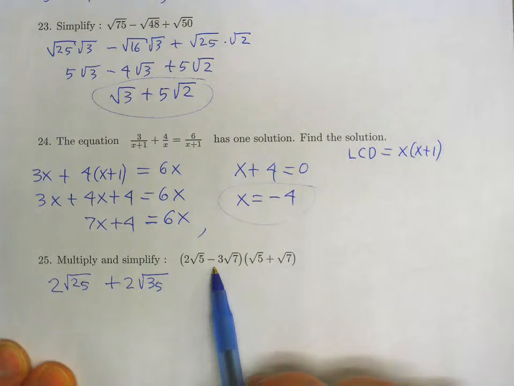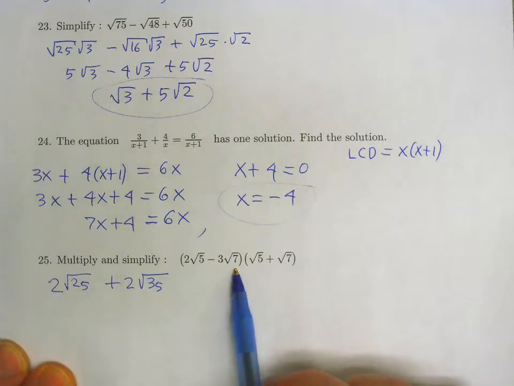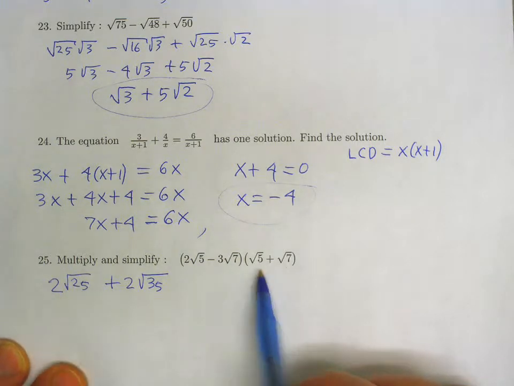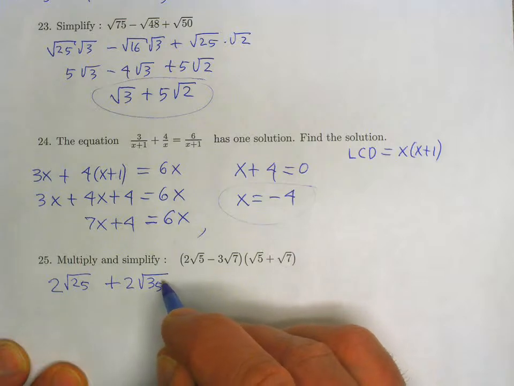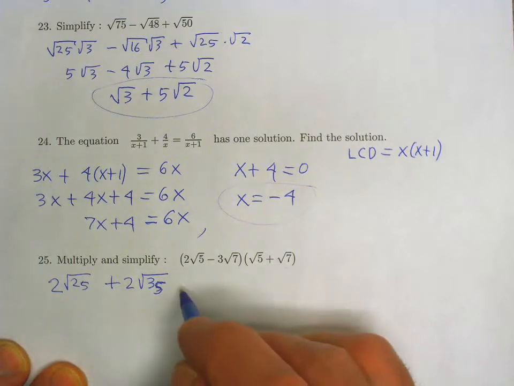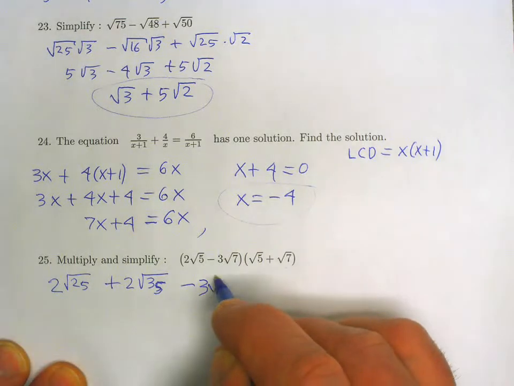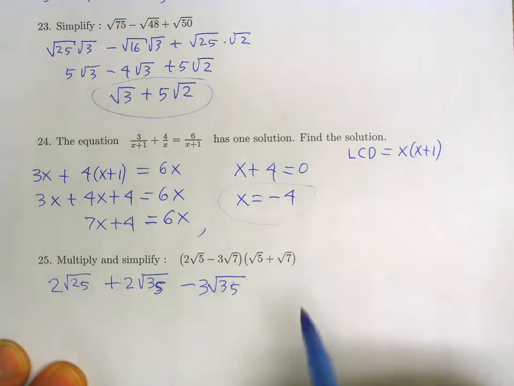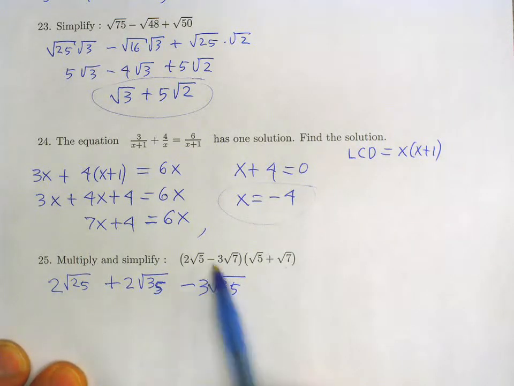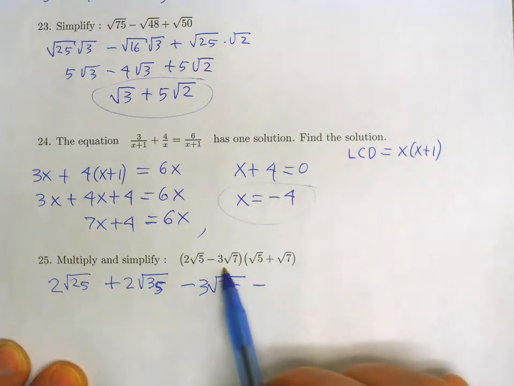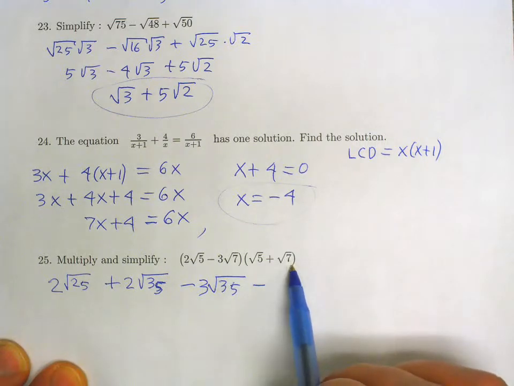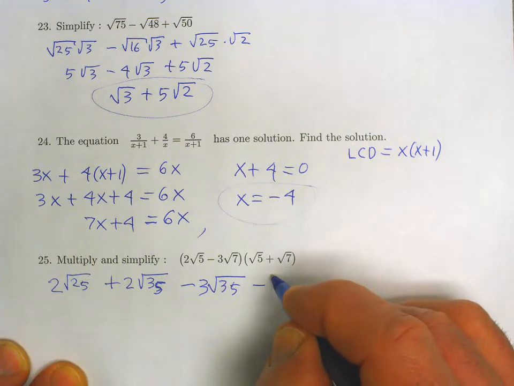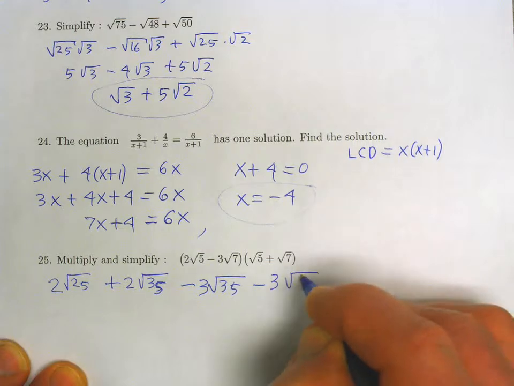And then we're subtracting 3 times the square root of 7 times the square root of 5. So this should be the square root of 35. Okay, so minus 3 times the square root of 35. And then finally, we're subtracting 3 times the square root of 7 times the square root of 7, which is minus 3 times the square root of 49.